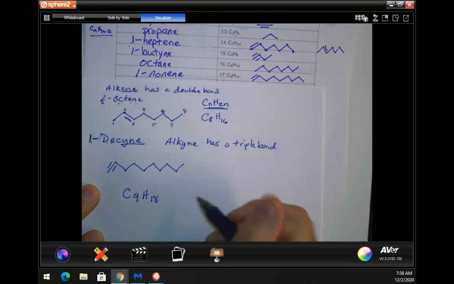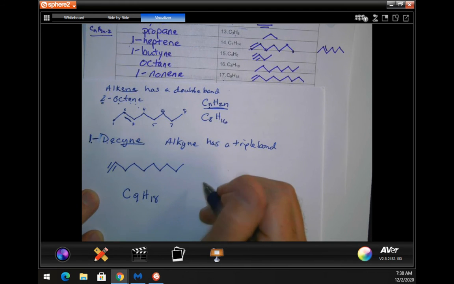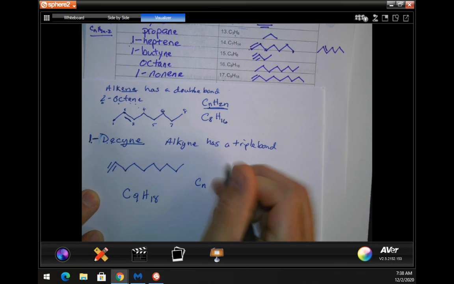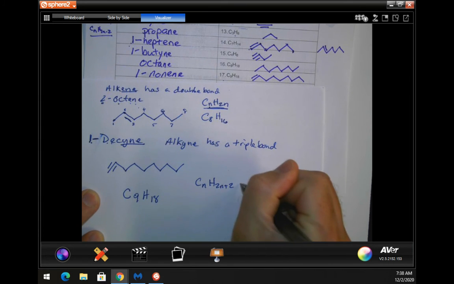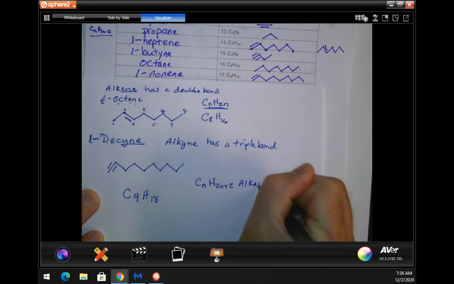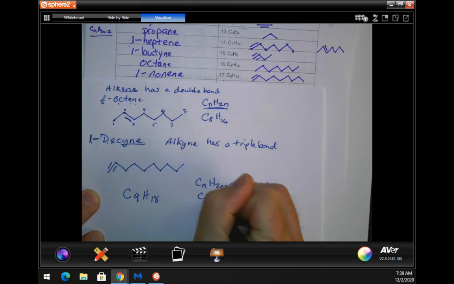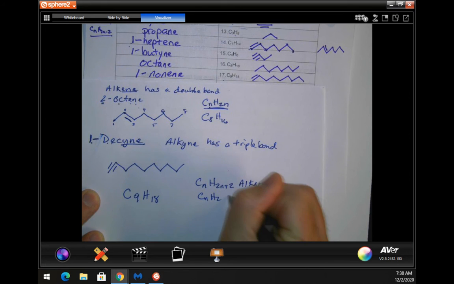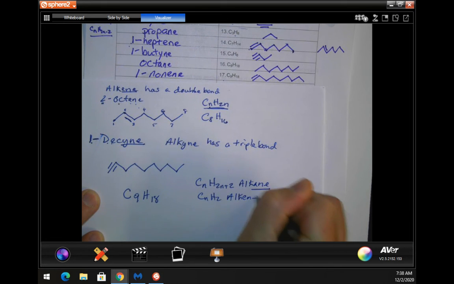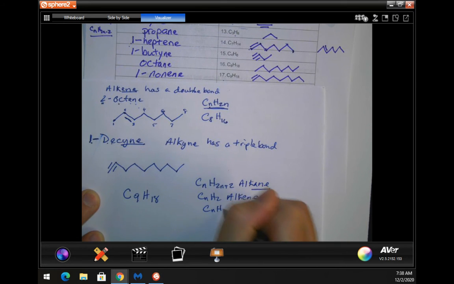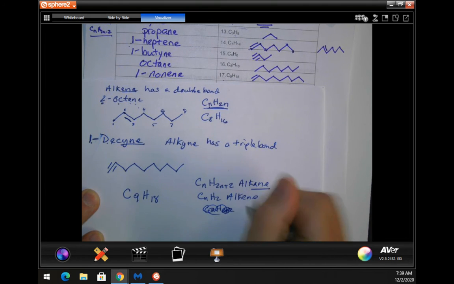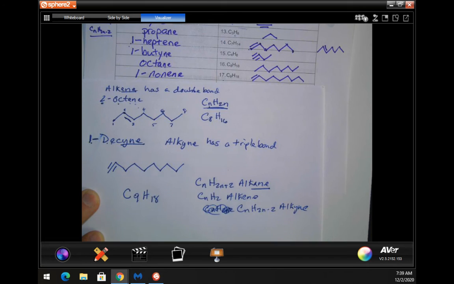Well, just use your three standard forms, which you've got. That one is for alkanes, this one is for alkenes, and this, oops, forgot the N, is for alkynes.